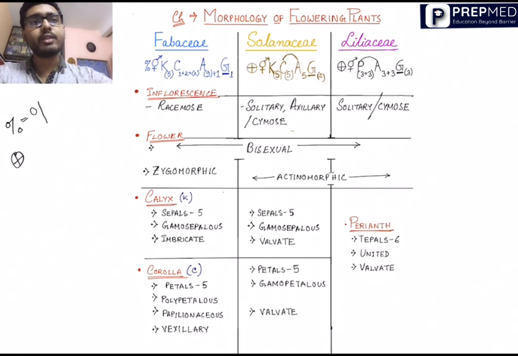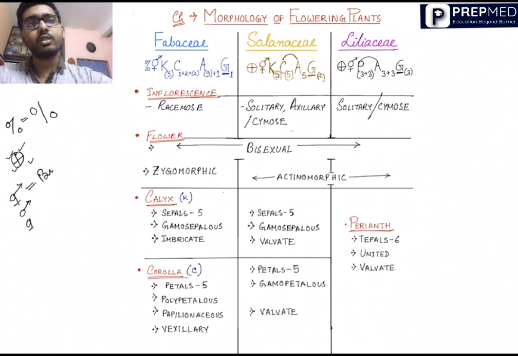This is how we remember bilateral symmetry: it's almost a line. The percentage symbol is almost like a line dividing two circles. So it's bilateral. And here we can see a lot of radial halves, so it's radial symmetry.